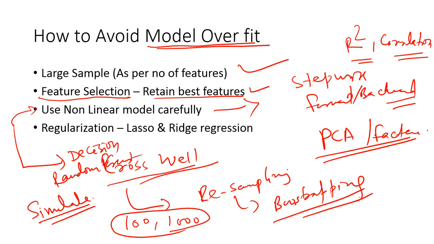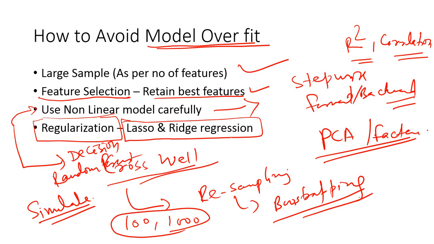That will do. You can also use what is known as regularization. This is one such technique which takes care of model overfitting. This is particularly used where you do not have a large sample and you have just too many features which are very important in prediction. So in cases where we're trying to capture the nonlinear relationship, we use some sort of regularized regression, popularly known as lasso and ridge regressions.